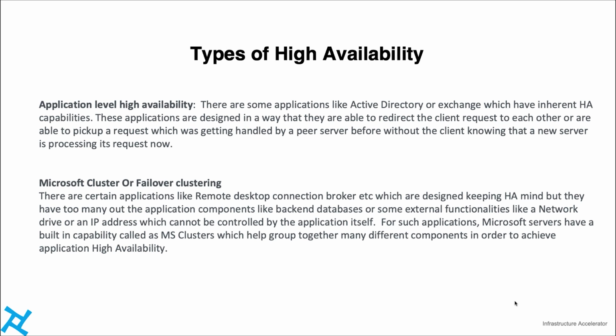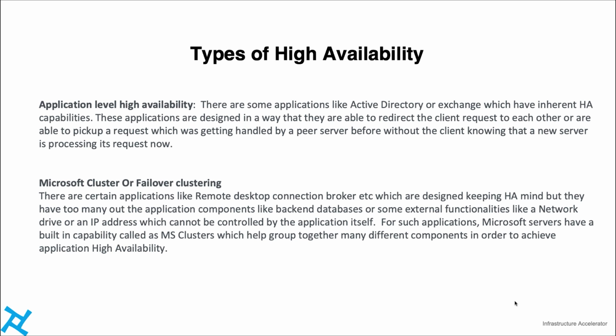So what we are trying to say here is that Active Directory is by default an application which has all of its components under its own control. So it is able to provide a very robust and highly available system quite easily. And you will learn about it when we learn about Active Directory more.